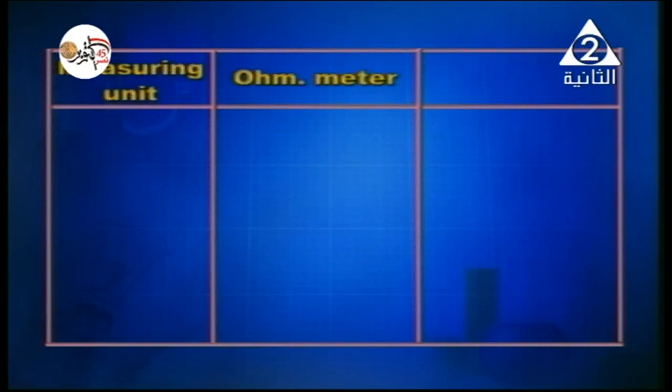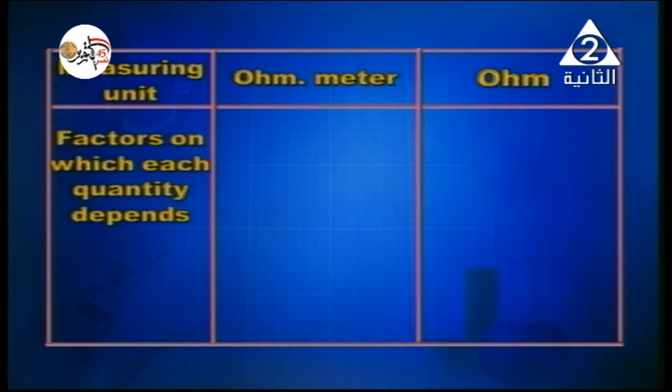And second point of difference is the measuring unit. Measuring unit of resistivity is ohm meter, but it is just ohm for the resistance. And the third point of difference is about the factors that affect each quantity.